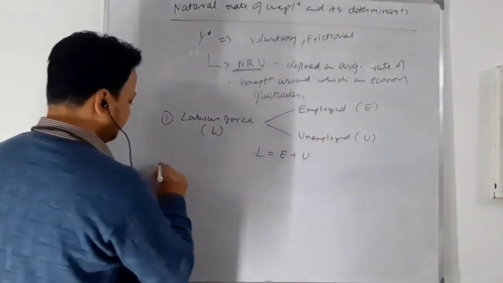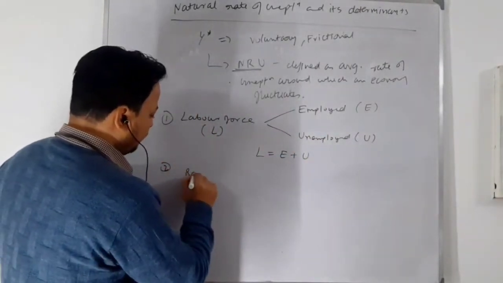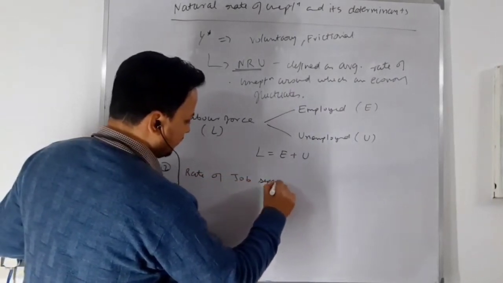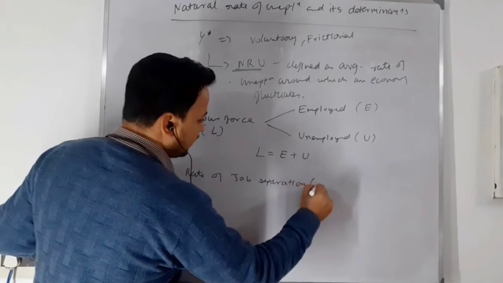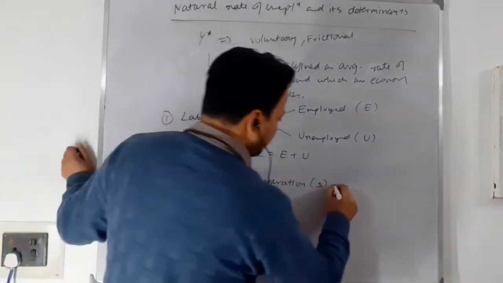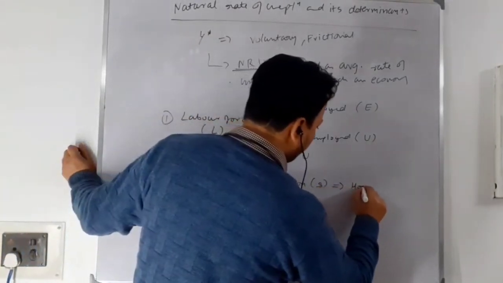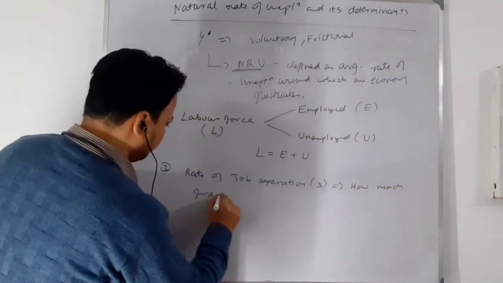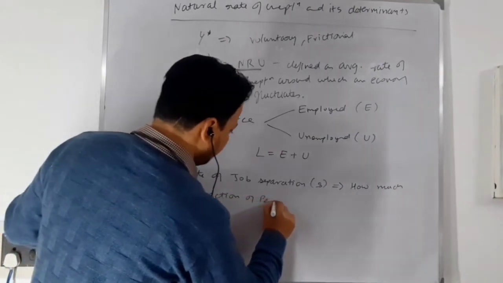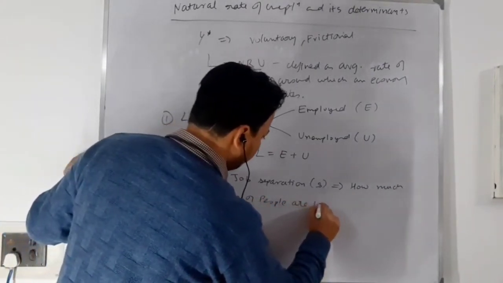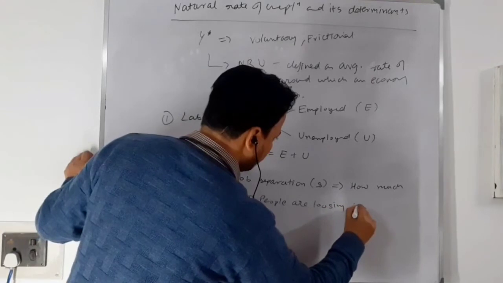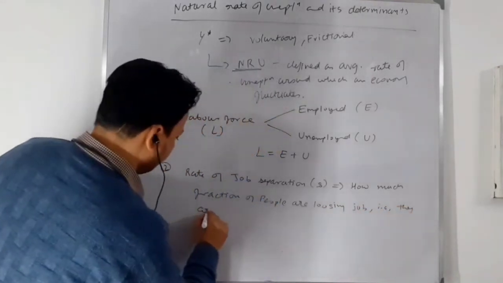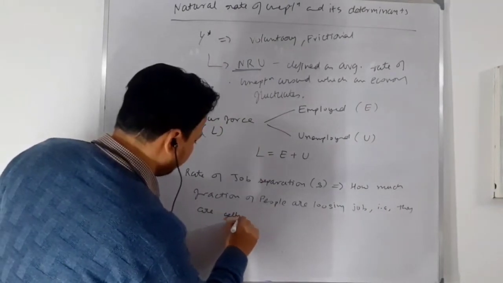Okay. Second, rate of job separation. Let's denote this by small s. This is defined as what fraction of people are losing their job, that is, they are getting unemployed.